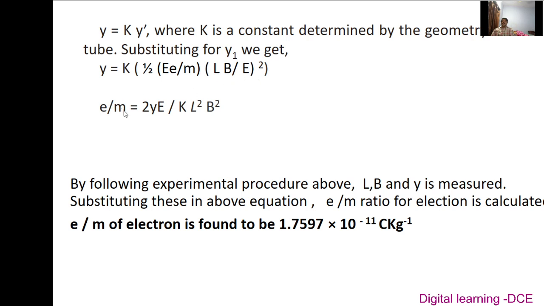Then e by m is equal to 2YE by K L square B square. By knowing the values of L, B and Y, we can determine the e by m of the electron. The experimental e by m of the electron is found to be 1.7597 into 10 to the power 11 coulomb per kg.